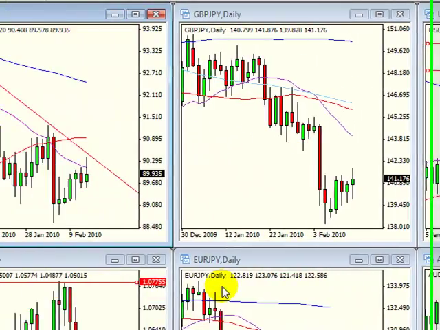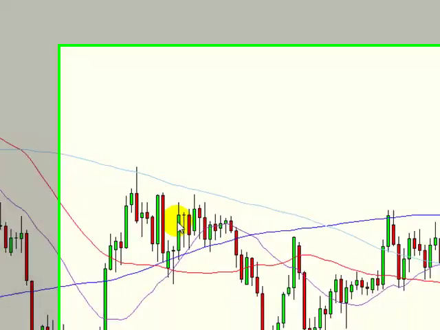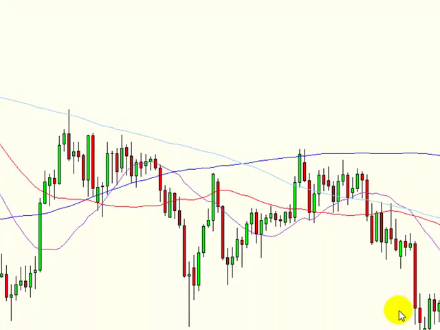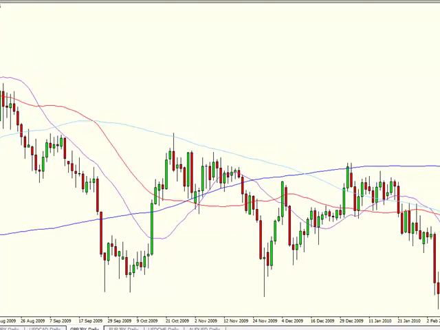And the last pair that we will, oh, never mind, there's two more. There is the Great British Pound Yen. It's very similar to the Euro Yen and the Great British Pound Dollar in that it made a drop and now we're in a consolidation range. We have a strong support level right here at 138.22.